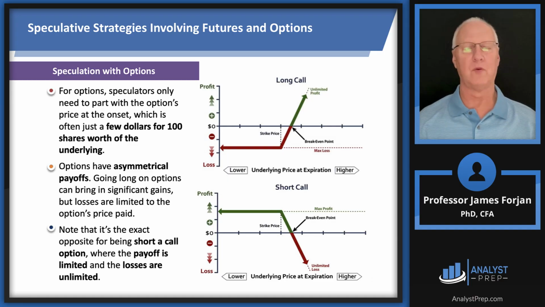Now, speculation with options is going to be similar because it's a derivative security, but it's going to be completely different because we're going to have a kink in our line.